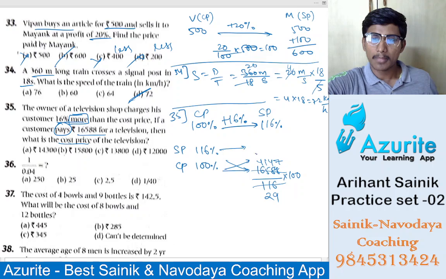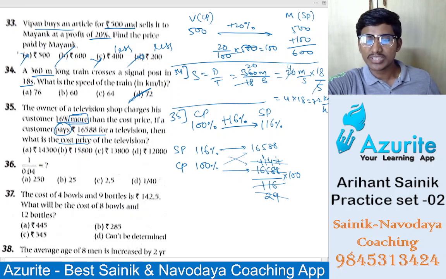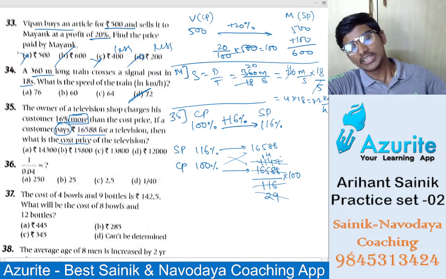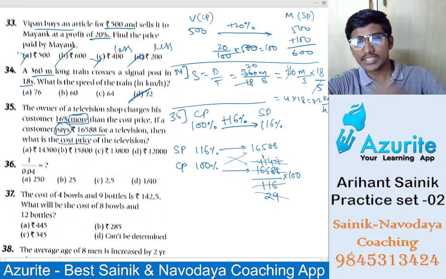29 ones are 29. How much will be remaining? 12. So 124. So 29 fours is how much? 116.